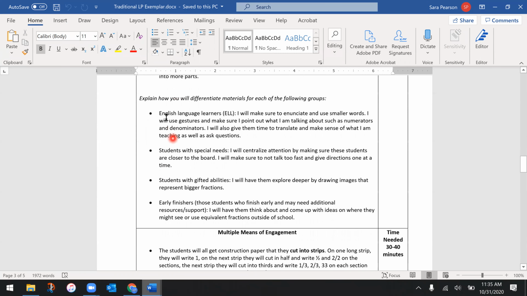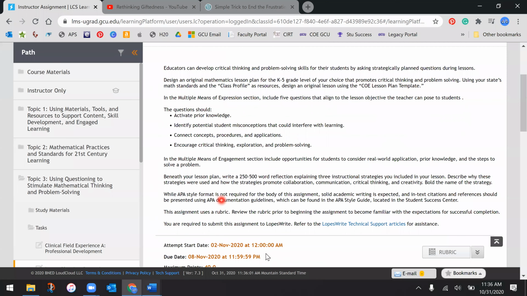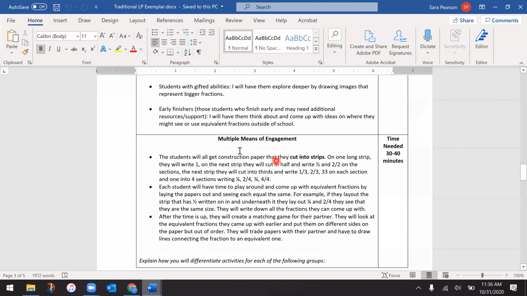Now, in the multiple means of engagement section, as the assignment directions say, we have to include opportunities for students to consider real world application, prior knowledge, and steps to solve the problem. So, when I look at this, you want to think about engagement as what the students are doing now.